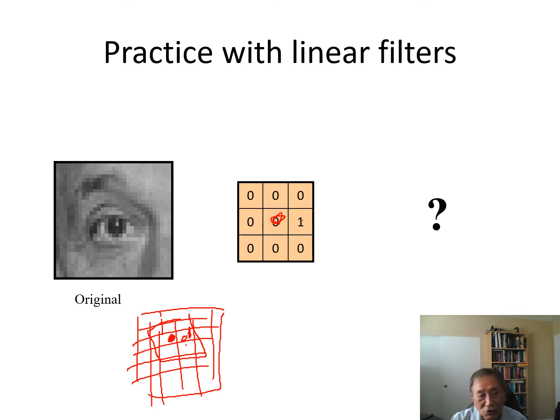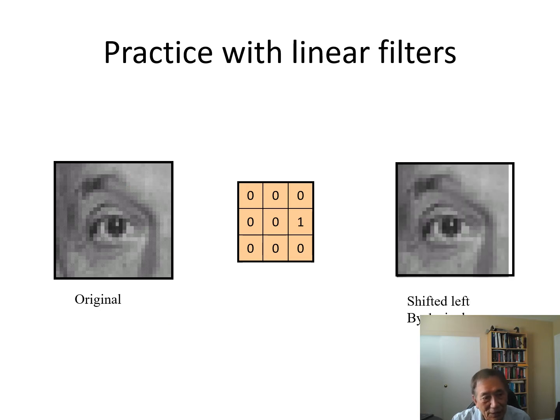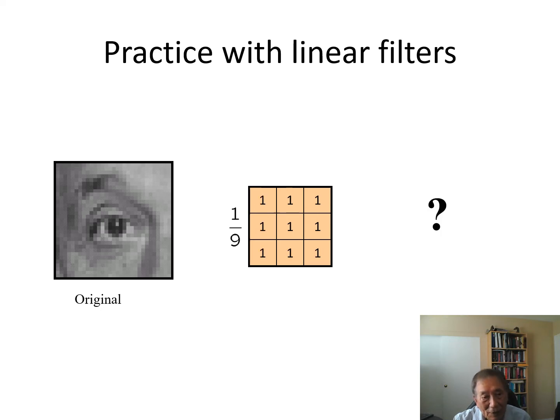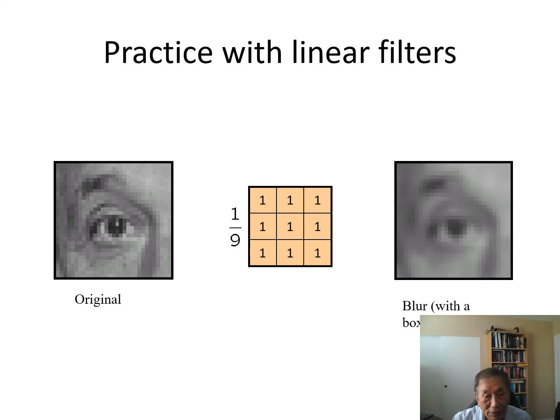So in a way, it's shifting to your left just a bit. Think about it. Every pixel will be shifting by 1 unit. We don't see much difference, but it is shifting. Then if it's all 1s, that's the average. What's the result of that? Usually, unless you do something special, it's a blurring out. A little bit blurry, not as sharp, because it's all averaged out. So the neighbors are all mixed up together.